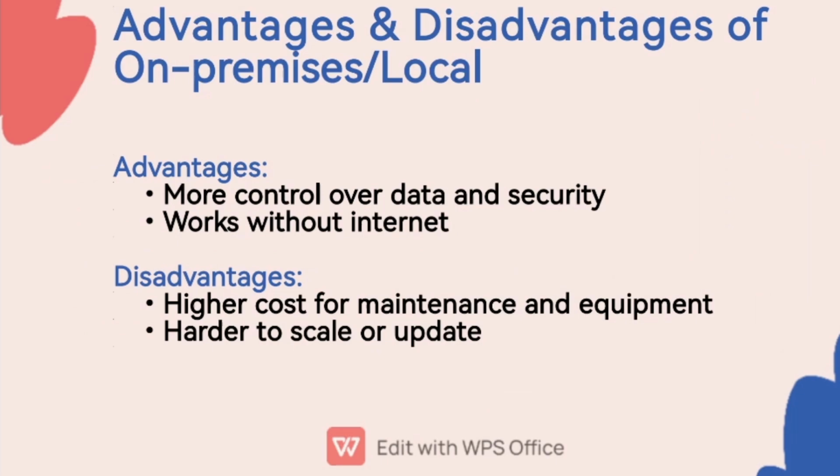So what are the advantages and disadvantages of on-premises or local? The advantages are more control over data and security, and it works without internet. The disadvantages are higher cost for maintenance and equipment, and it's harder to scale or update.